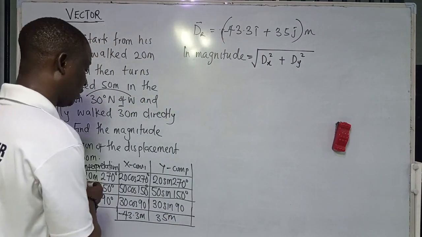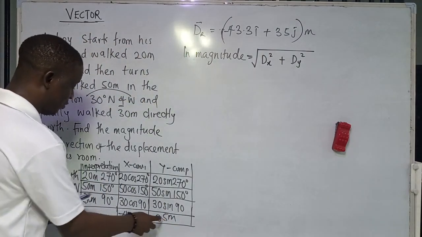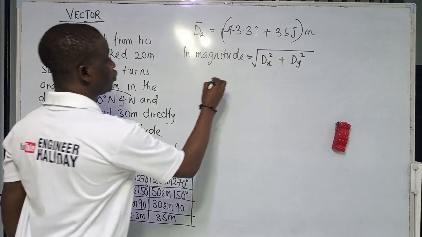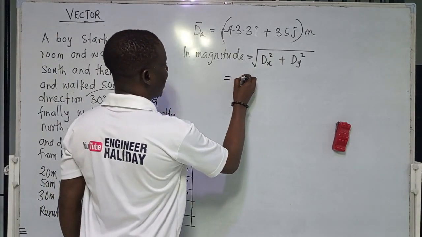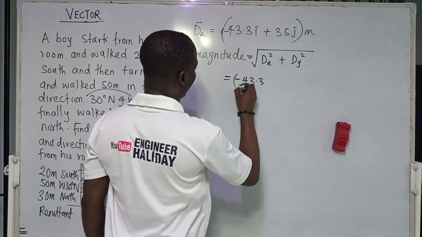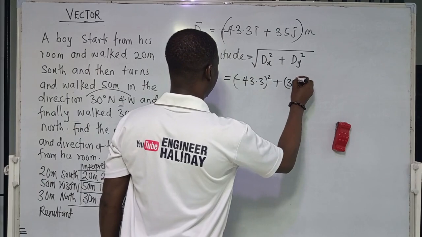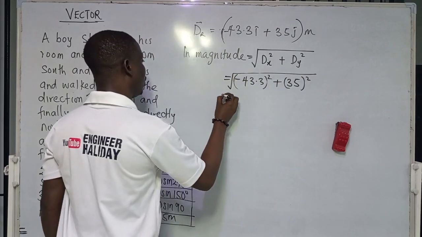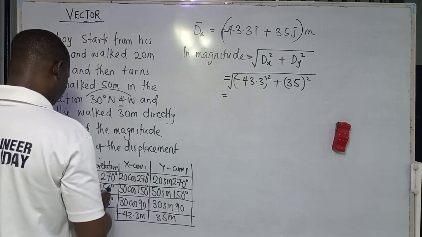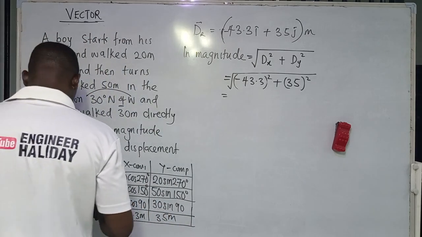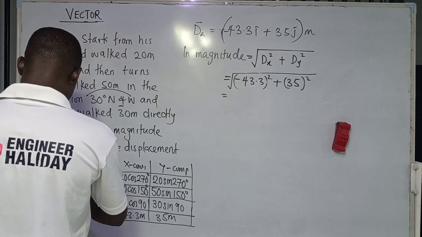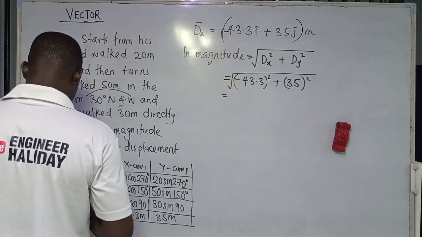That's our formula to use, because we are talking about displacement. Which will give us minus 43.3 all squared plus 35 all squared, then square root of everything.